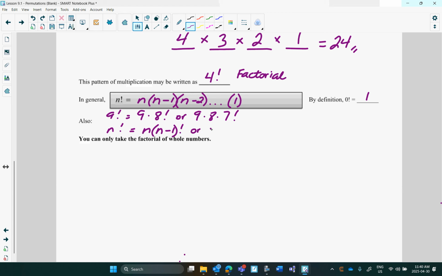Or it could be n times n minus 1 times 2 less, and then if I decide I want to stop, I have to put a factorial at my stop. And we can only take the factorial of whole numbers.